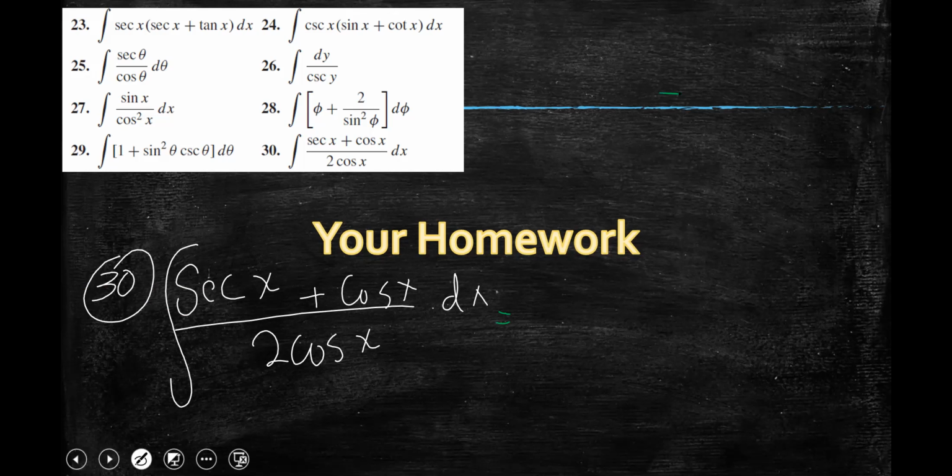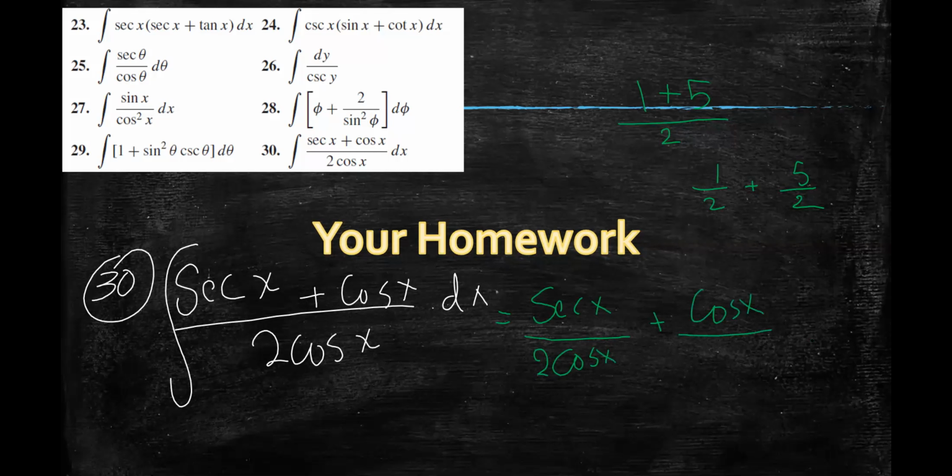If we have 1 plus 5 over 2, can I write it as 1 over 2 plus 5 over 2? Yes, I can distribute the 2 into the 1 and the 5. So here I have to do the same: secant x over 2 cosine x plus cosine x over 2 cosine x. I distribute the 2 cosine x, one for secant and one for cosine.